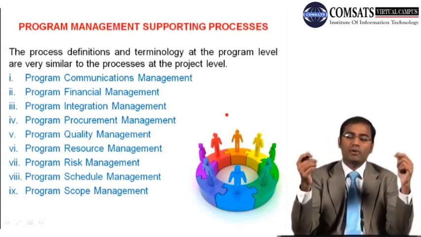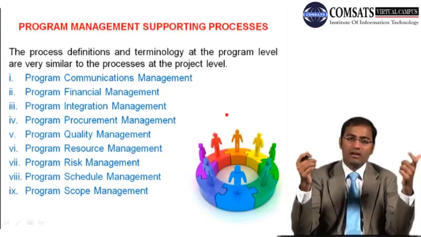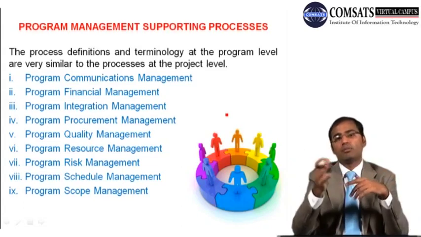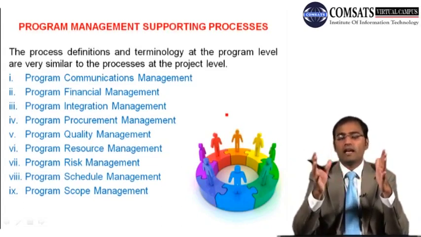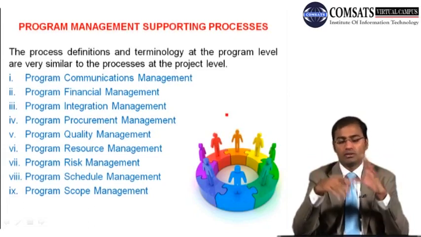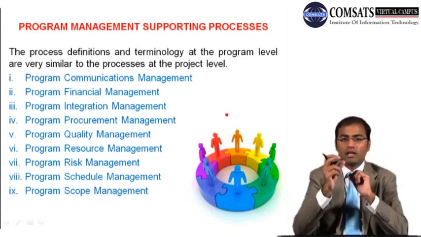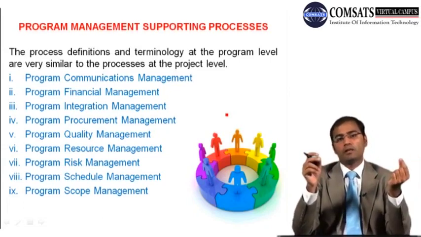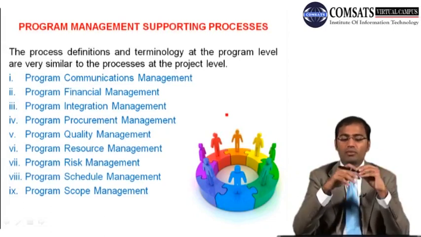Then the program manager will have a reserve available, and he or she will give money to the project managers so that they can manage the risks, the unknown unknowns which have now turned into known unknowns. So the contingency will be increased through that program management reserve.